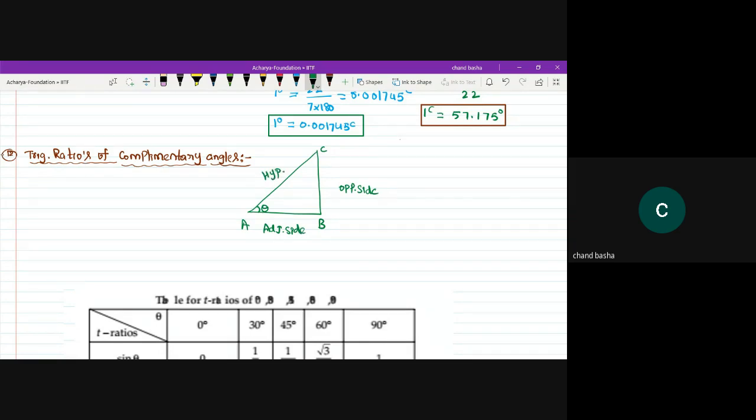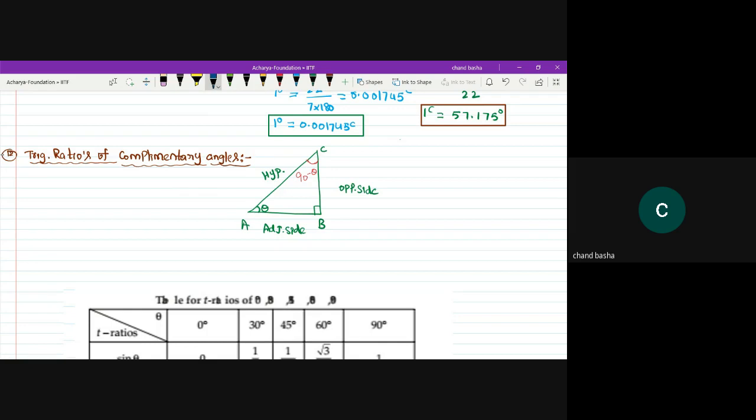This we have already discussed. Is it 90 degrees, perpendicular? And what is this angle? Is it 90 minus theta or not? Yes, sir, it is 90 minus theta. So I can define all six trigonometric ratios for complementary angles.